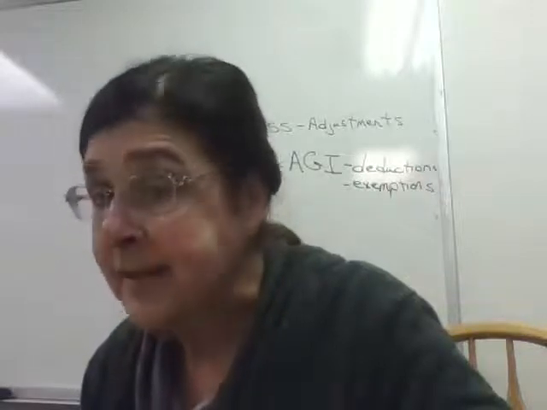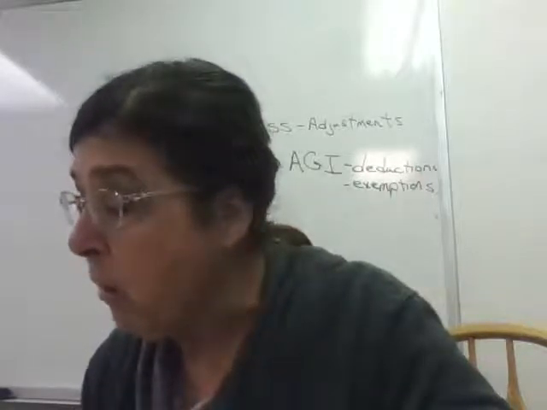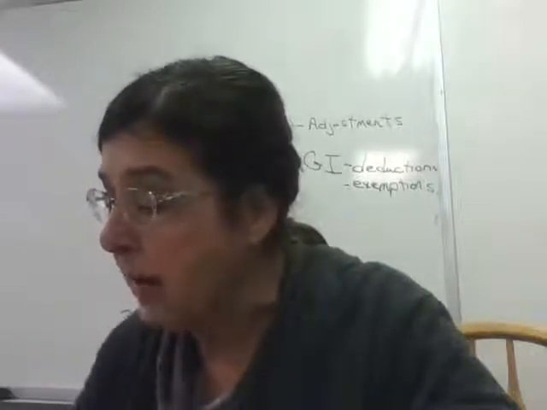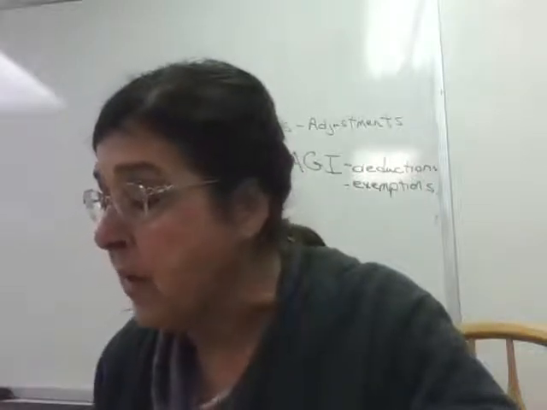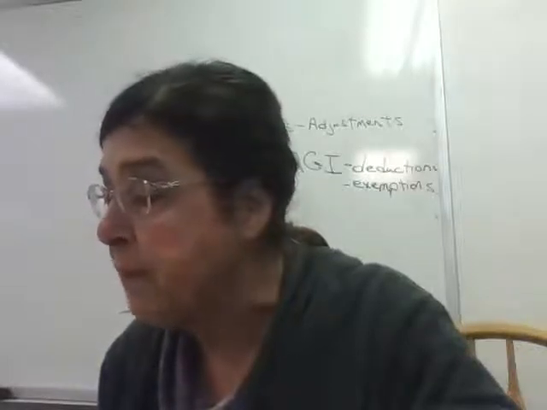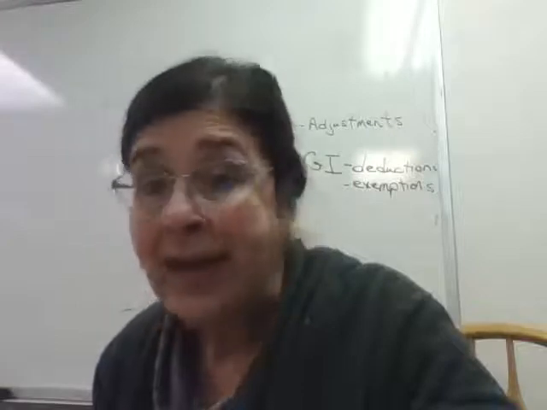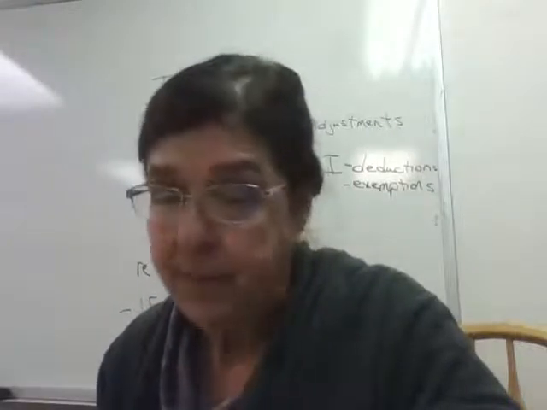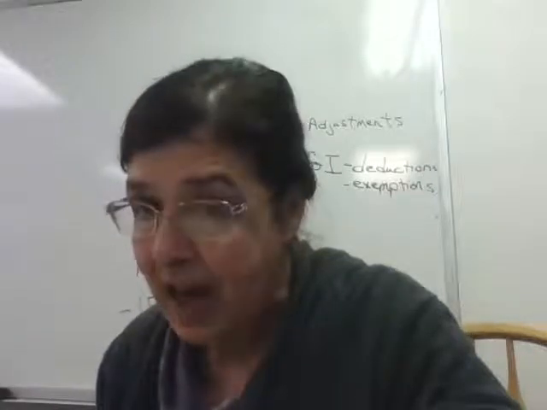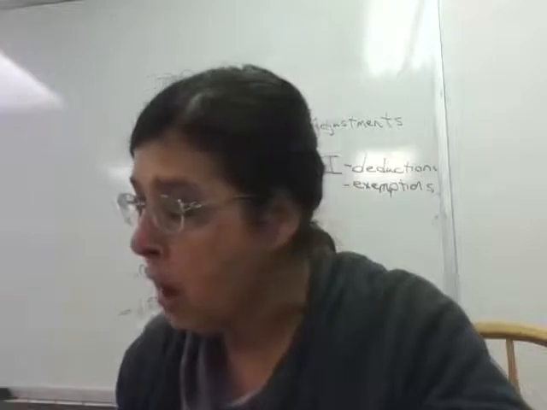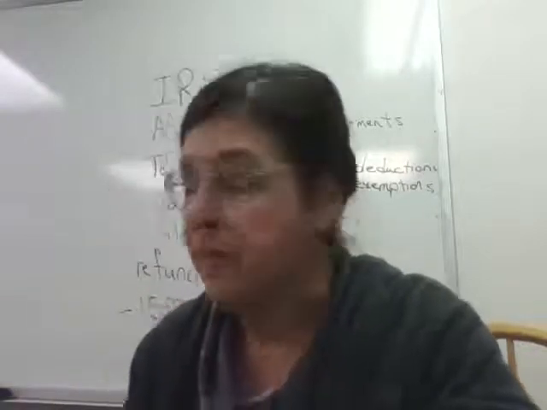Now, it says we're single, so when you come down the single column and across the 18,200 to 18,250, your tax owed, here's your second answer for number 4B, is $2,734.